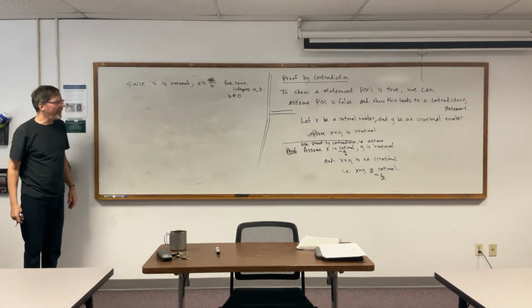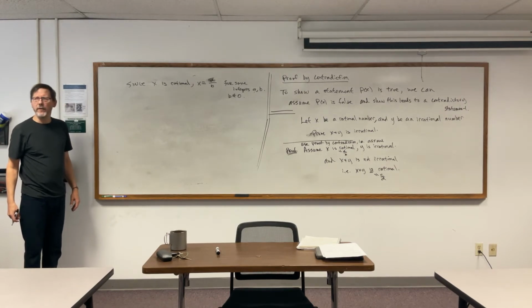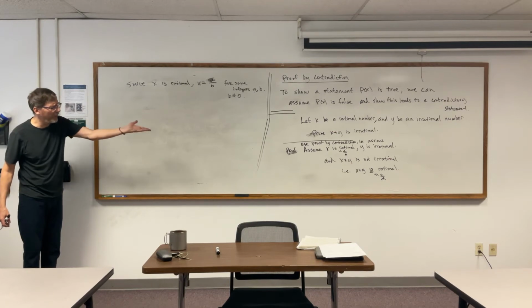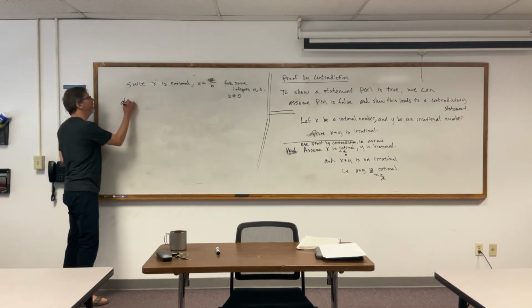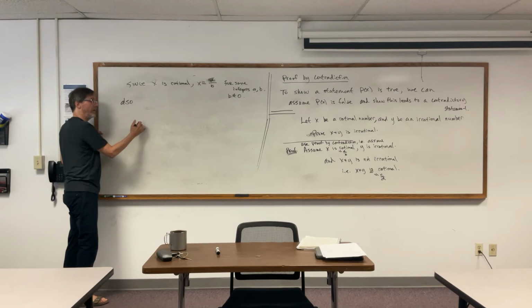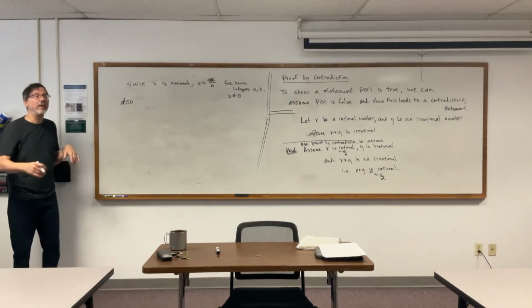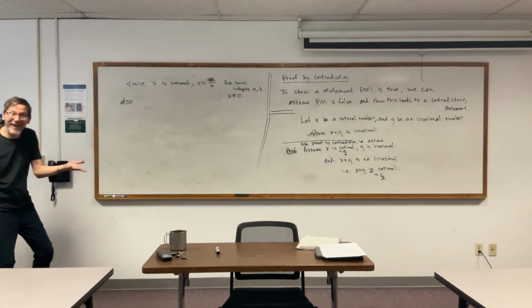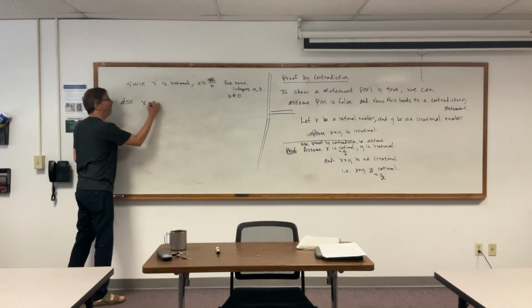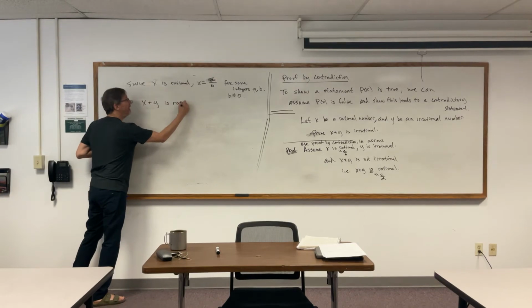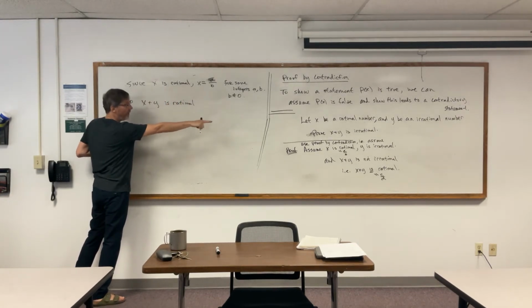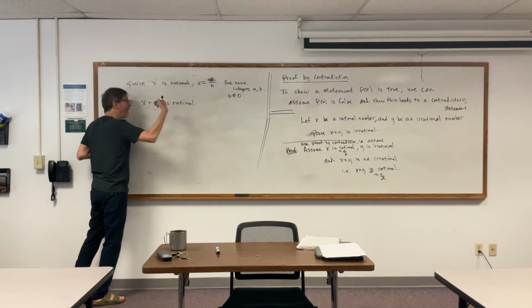What else do I have a handle for? I've got y is irrational. I don't know what to do for that, but what else could I write up here? Yeah, also x plus y is rational. Now, this is the opposite of what we're trying to show, but we know that because we're going by contradiction.